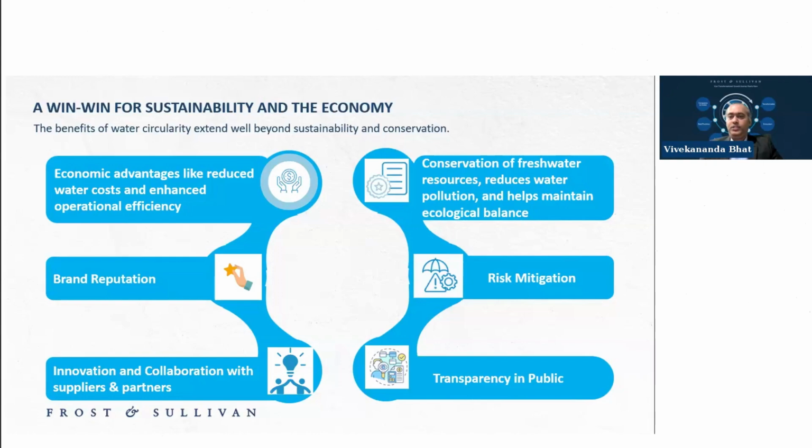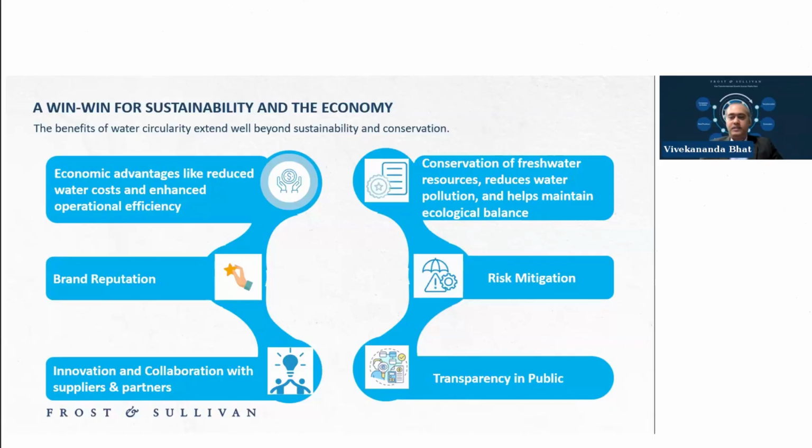So it can help you reduce pollution and also maintain ecological balance. Definitely risk mitigation. Water scarcity is a risk for most industries, and it will help you mitigate the risk.